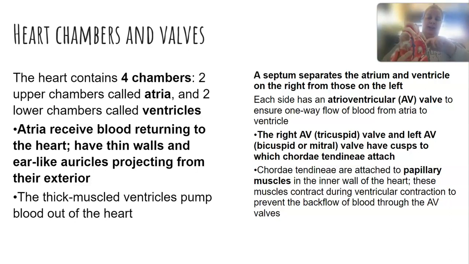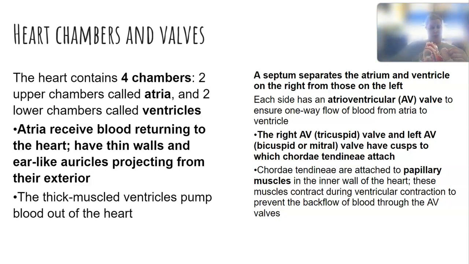Your atria receive the blood that's returning to your heart. These are pretty thin. They don't have much of the mass of your heart in them. They also have ear-like projections from their exterior, which is what these are. If you look, it looks like the end of your ear.